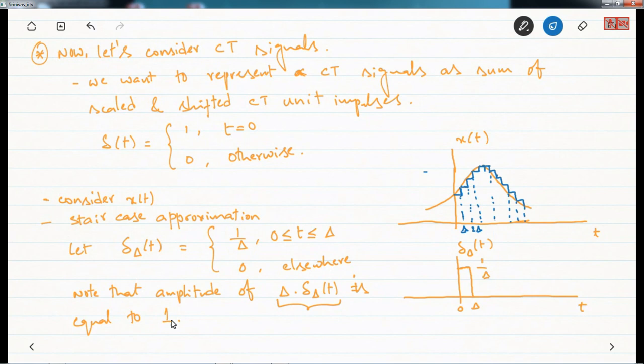So this is delta delta of t multiplied by the amplitude of x of t at delta, right?